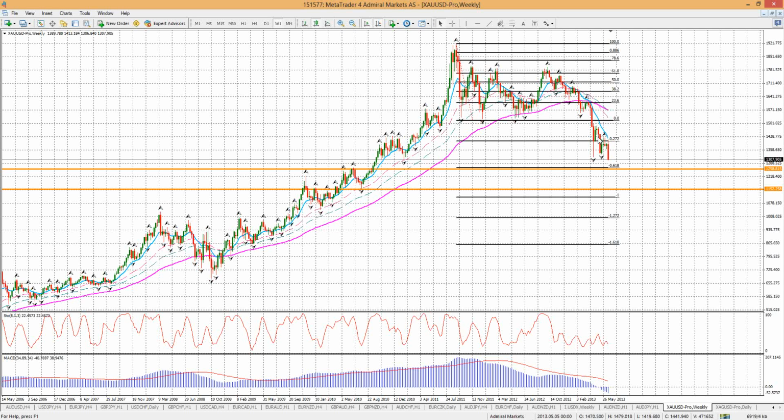From a fundamental point of view, I read once that 1250 is nowadays how much it costs miners to make gold, so that could be a psychological number as well. But a break of that 1320 was definitely in the cards. To 1250, I always said there is definitely potential there, and it's happening right now.